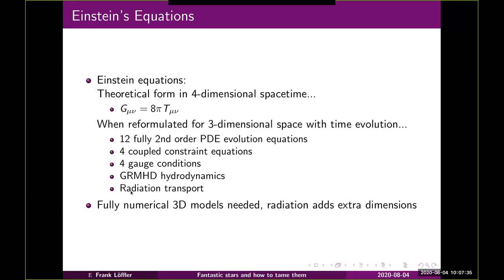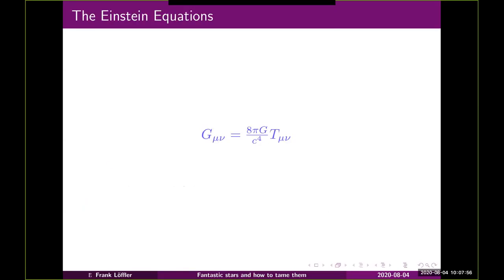And you probably have to deal with radiation transport. So you essentially face the problem of full numerical 3D models, because those things wobble around. It's really hard to use symmetries there. Sometimes you can, but most often you cannot. And if you want to have radiation, you get a lot more dimensions. So how do you do that in a code?